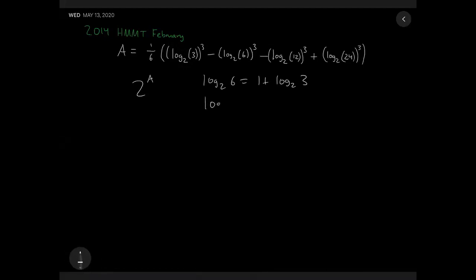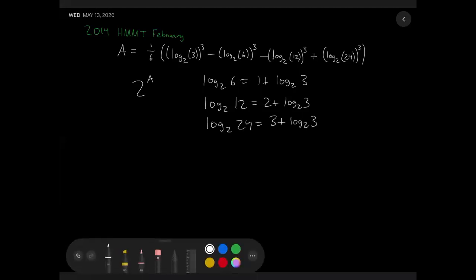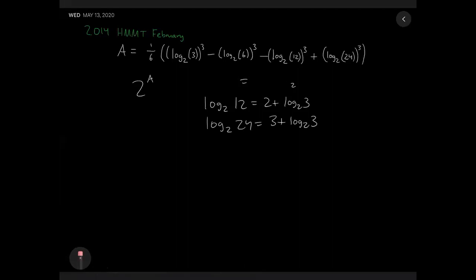Similarly, log 2 of 12 is 2 plus log 2 of 3. Log 2 of 24 is 3 plus log 2 of 3. So now we can rewrite our expression, and this is going to get quite long, so prepare yourselves.